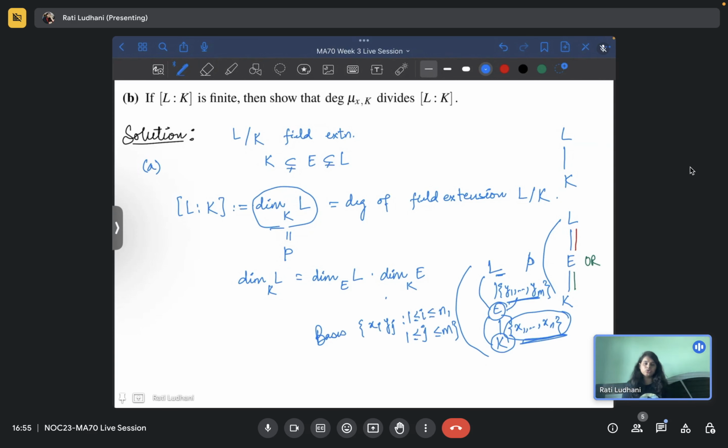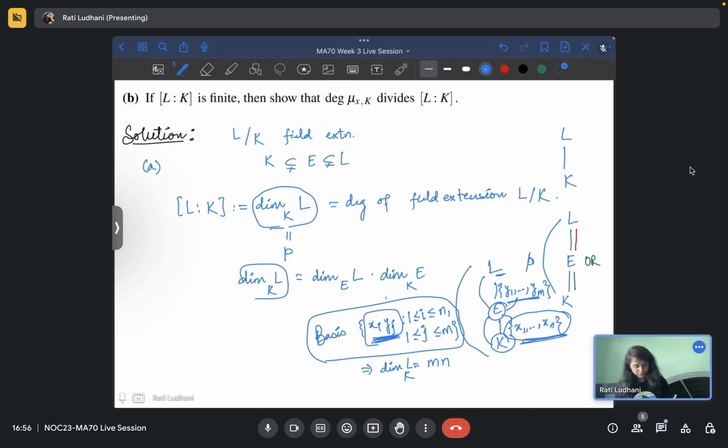You can prove that this is a basis. If there were two elements which are the same, you would get a contradiction. So what is the cardinality? You have mn monomials, so to say, or mn elements in the basis.